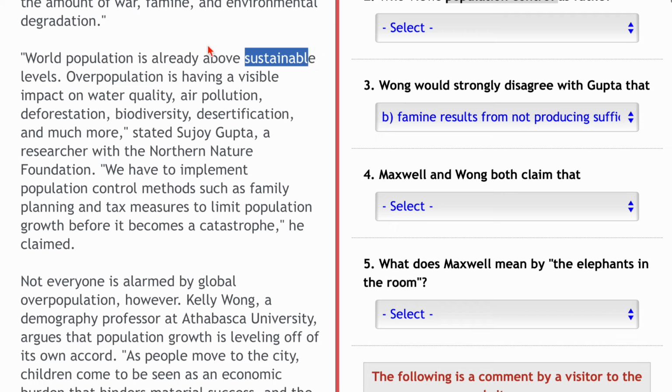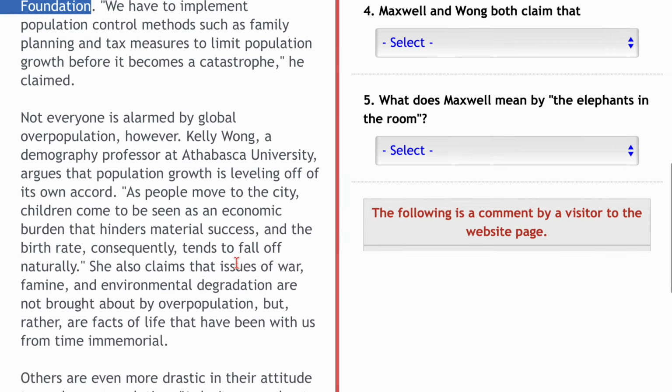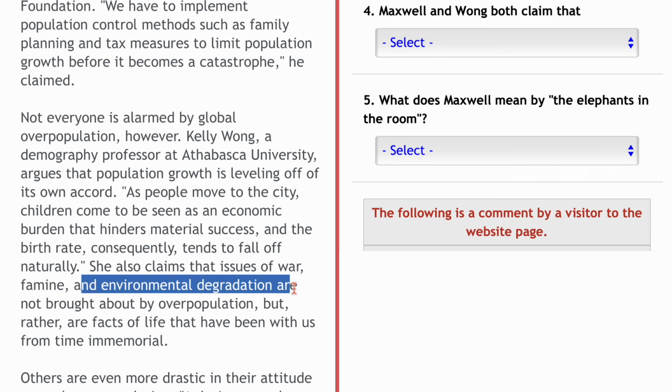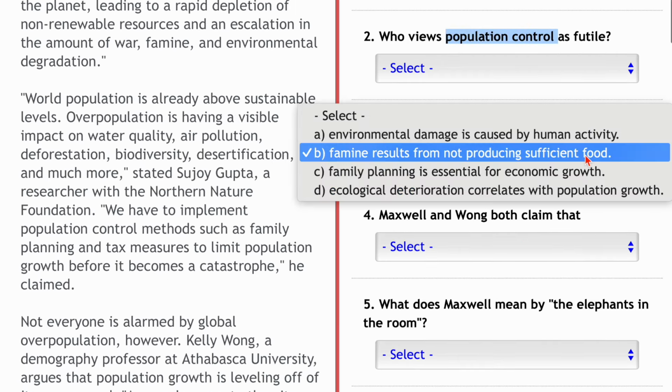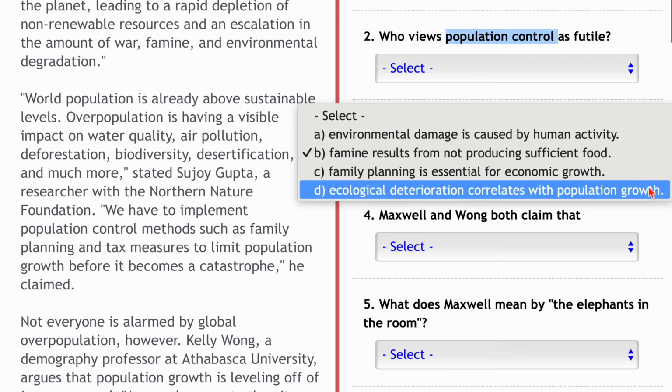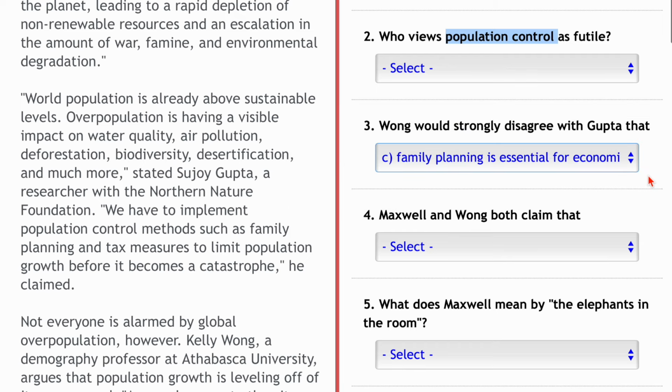I see here a lot of focus on environment. And here, environmental degradation are not brought about by overpopulation. So, also, I can tell you that it's not C.